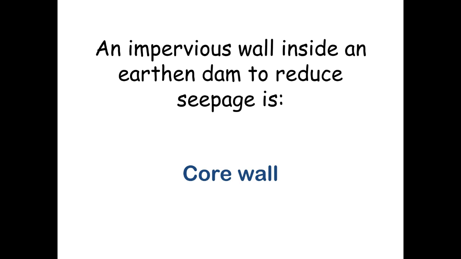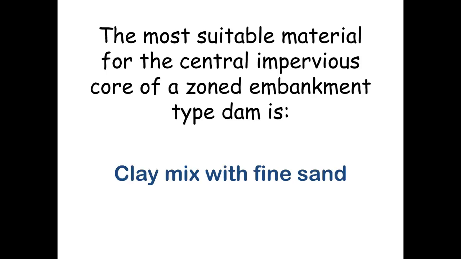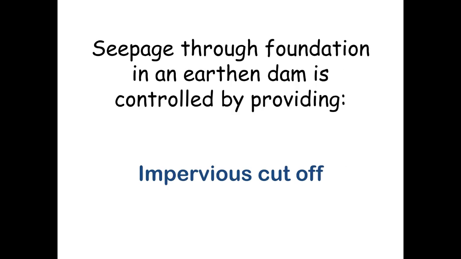An impervious wall inside an earthen dam to reduce seepage is core wall. The most suitable material for the central impervious core of a zoned embankment type dam is clay mixed with fine sand. Seepage through foundation in an earthen dam is controlled by providing impervious cutoff.